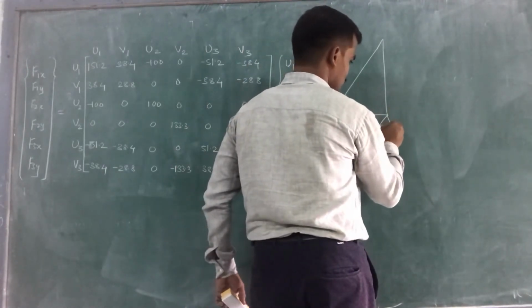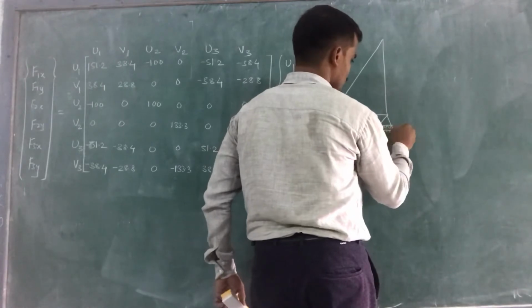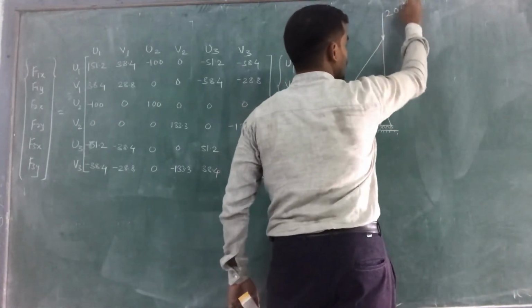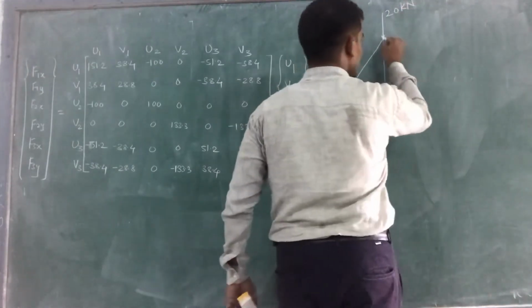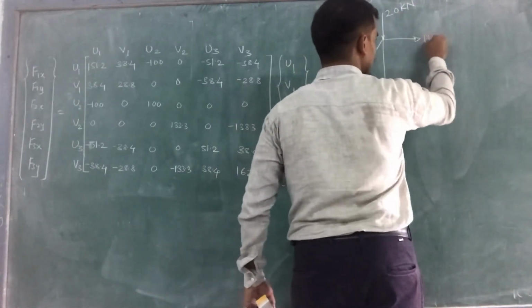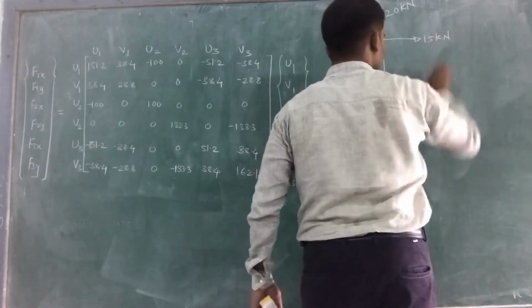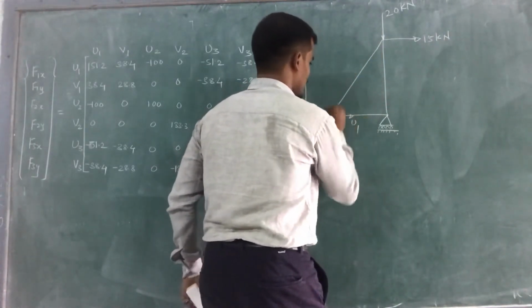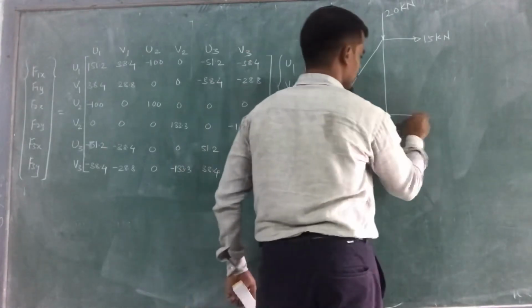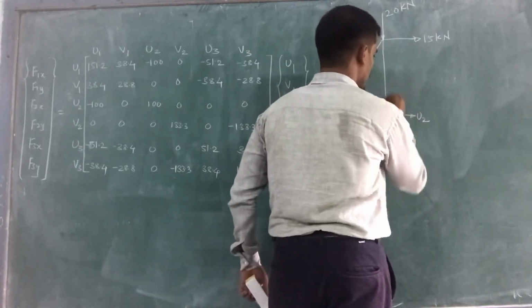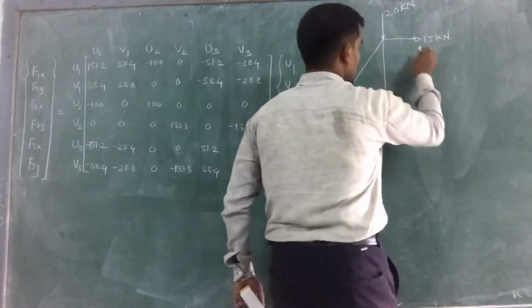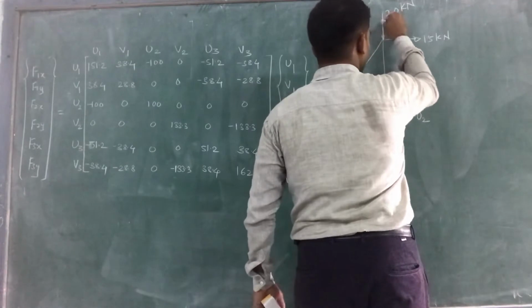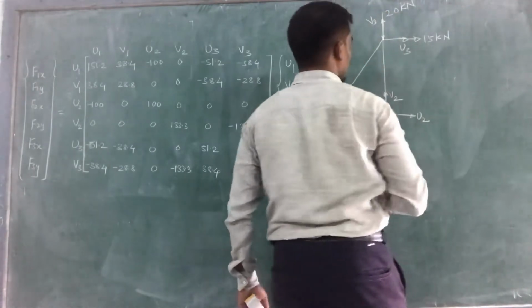There is a roller support. A force of 20 kN is acting in the downward direction, and a force of 15 kN is acting in the horizontal direction. As we know, this is U1, this is V1, U2, V2, U3, V3.